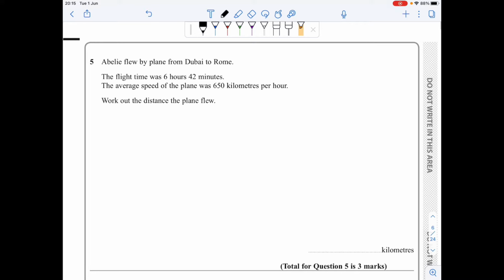For question 5, I will use the formula distance equals speed times time. I've got my time here. Note that this is equal to 6 and 42 over 60. I can write this one as 6 and 7 over 10, or even 6.7.